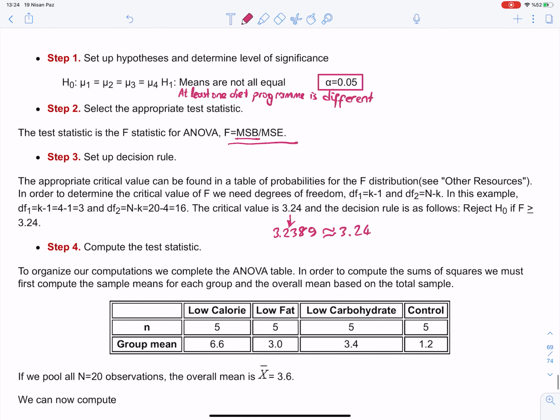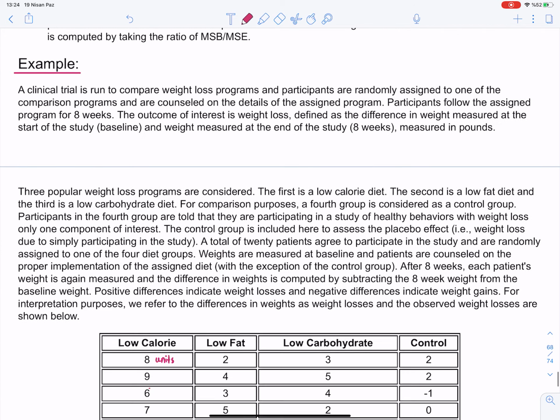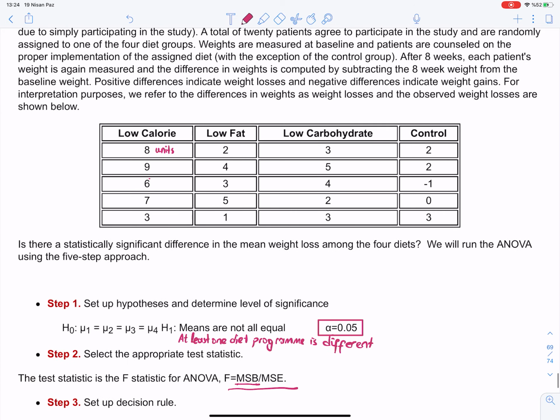Okay, the group means are calculated here. For the first 5 people it is 6.6, the second is 3, the third, the low carbohydrate, is 3.4. For the control group, the weight loss is 1.2 units. Let's see how it is done for the low calorie. Remember, x1 bar equals 8 plus 9 plus 6 plus 7 plus 3, divided by 5.